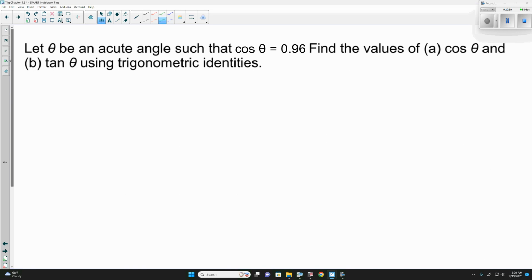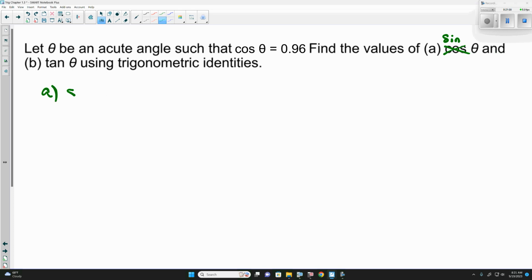Let theta be an acute angle such that cosine of theta is 0.96. Okay. I still have not fixed this, because that should be sine, not cosine, because cosine would make absolutely no sense. It would just mean it's 0.96, because we already have it.